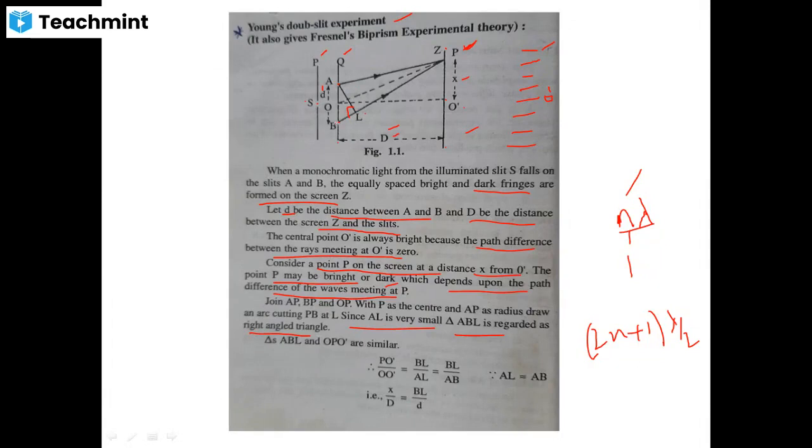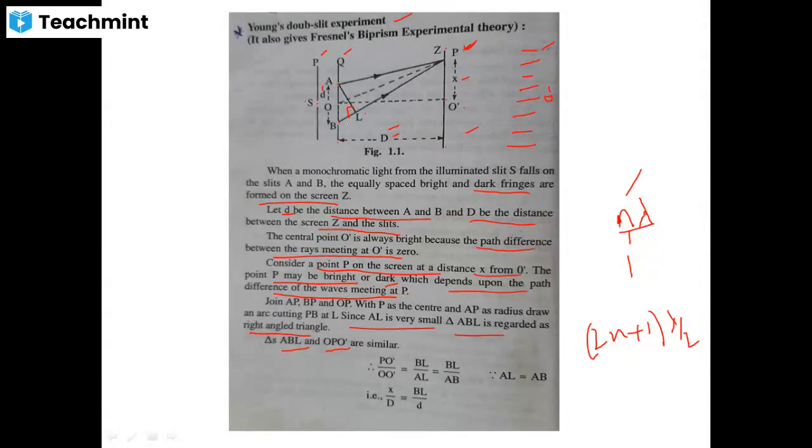Because this AL is a very small distance. Therefore, for the right angle triangle ABL, here we have 90 degrees.